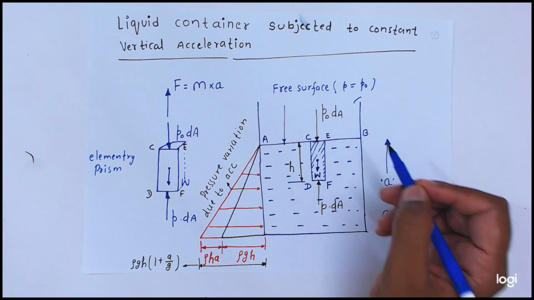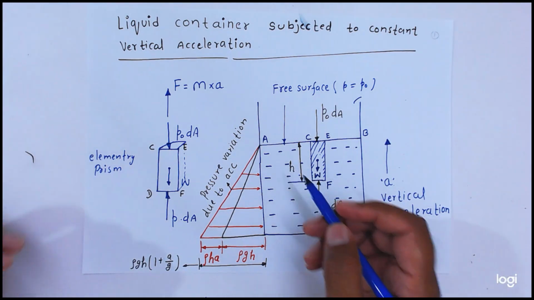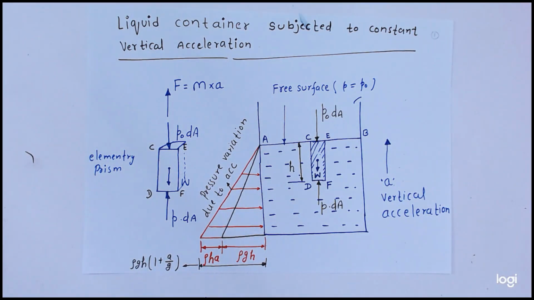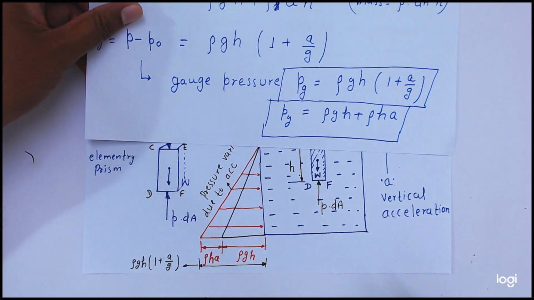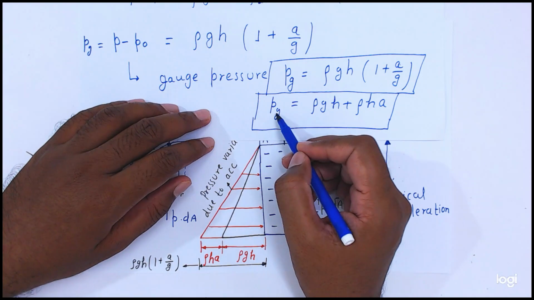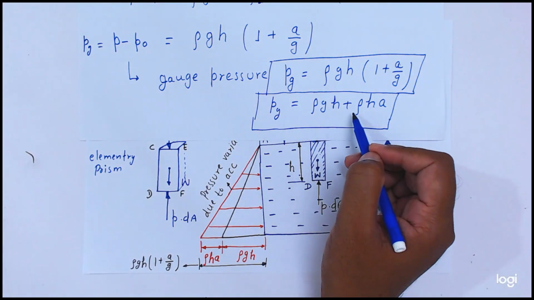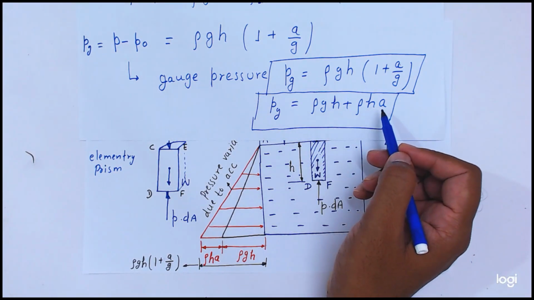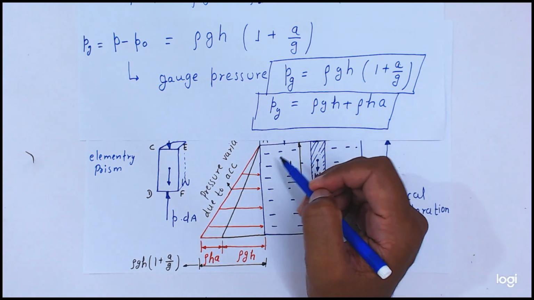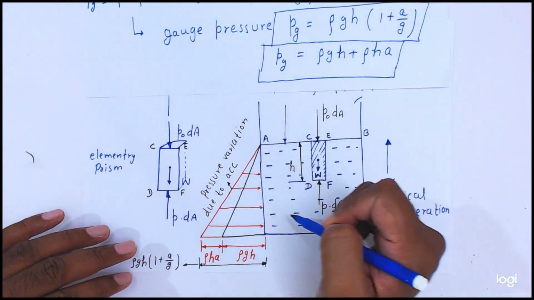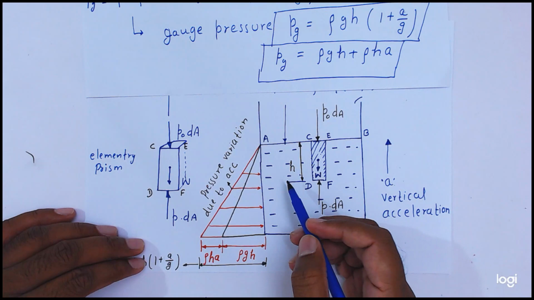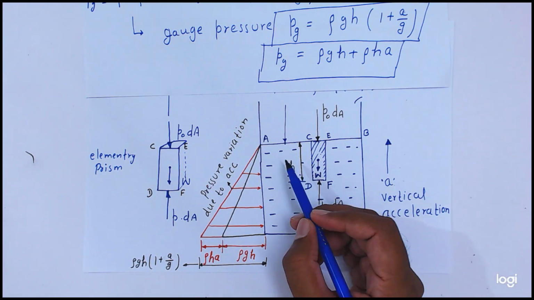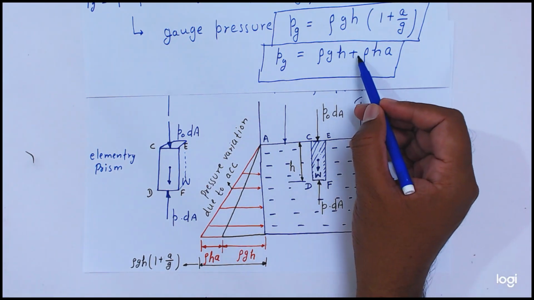Getting it, friends? Now we already discussed that the gauge pressure Pg is equal to rho gh plus rho ha. So how can we draw this in the tank? Here you see rho gh plus rho ha.